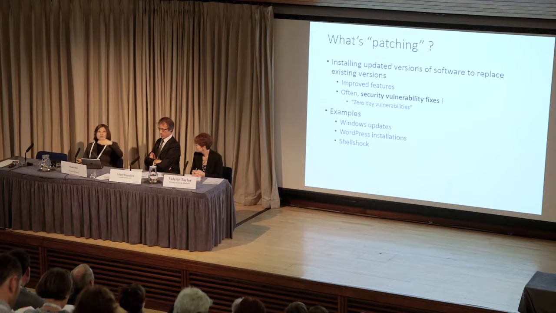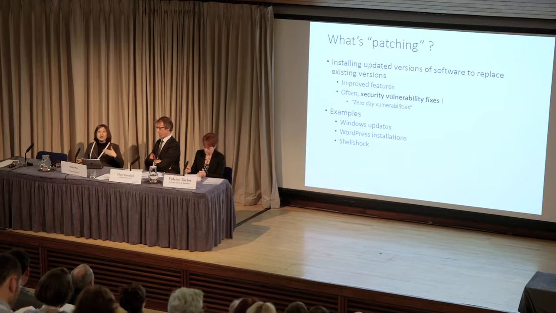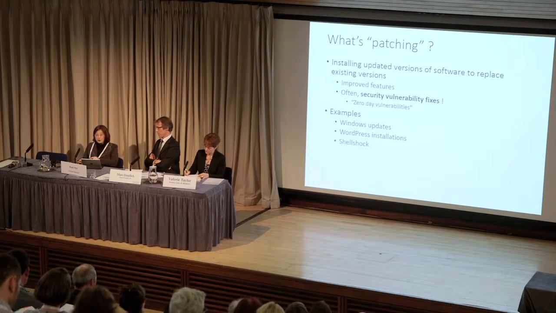So different versions of WordPress can be updated. Plugins for WordPress often have security issues, and they need to be updated too. And you've heard of things like Shellshock, Heartbleed, etc. Those have had patches to try and fix them, but not everybody has installed them. Not everybody has patched for those vulnerabilities.